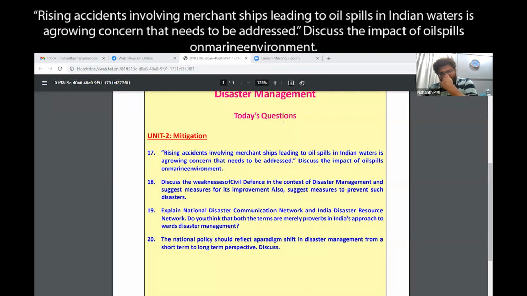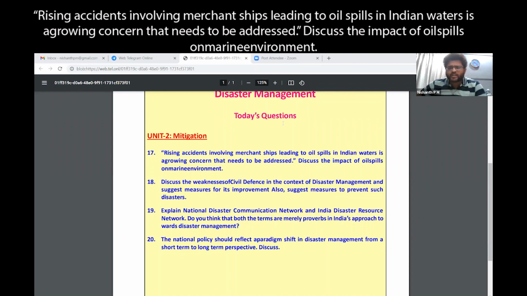Even before that, there was a collision, and then recently in the Indian Ocean near Sri Lanka, there was a very bad oil spill. So you can introduce with that example, and then first start with the impact of the oil spill. The core demand of the question is the impact of the oil spill.